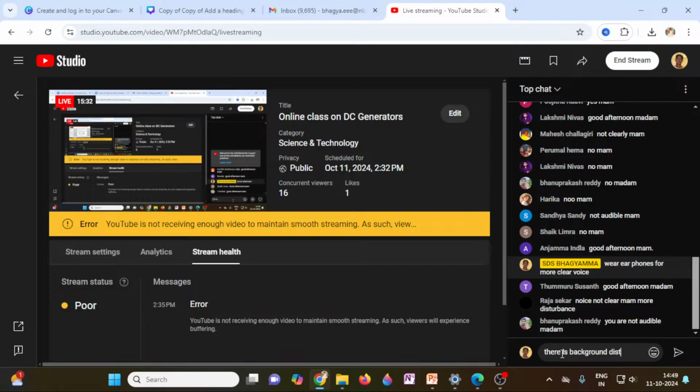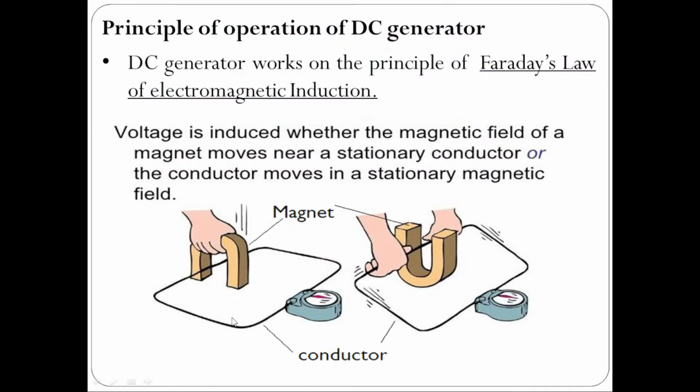The relative motion can be obtained either by rotating the magnetic field or by rotating the conductor. Simply in this diagram I am showing you that the magnet is moving or the conductor is moving. What you can do is, instead of moving, you can rotate the conductor.